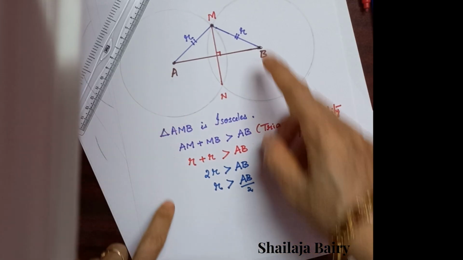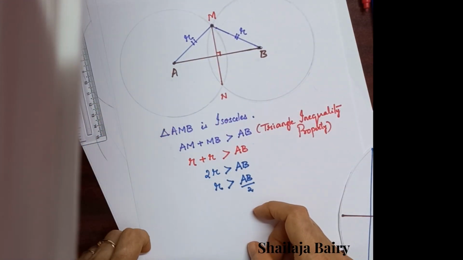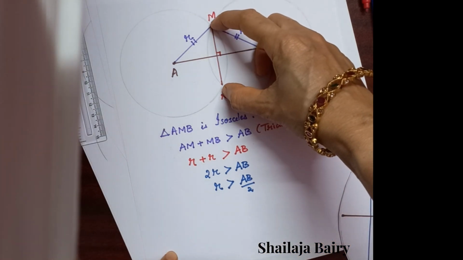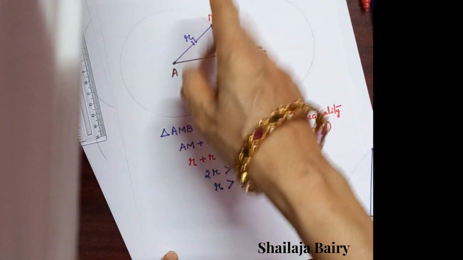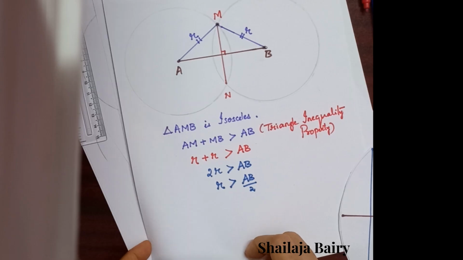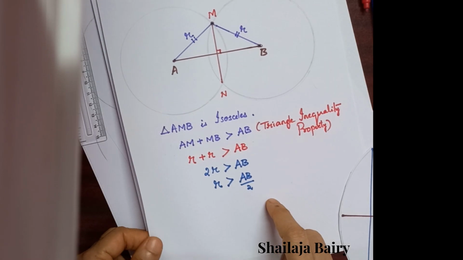And hence we are sure to get the two circles intersecting in such a way that the perpendicular bisector MN becomes the common chord. So this is the concept behind the perpendicular bisector and the circles, two congruent circles.